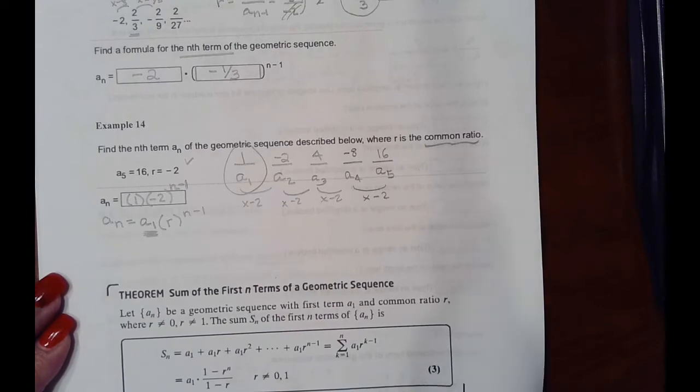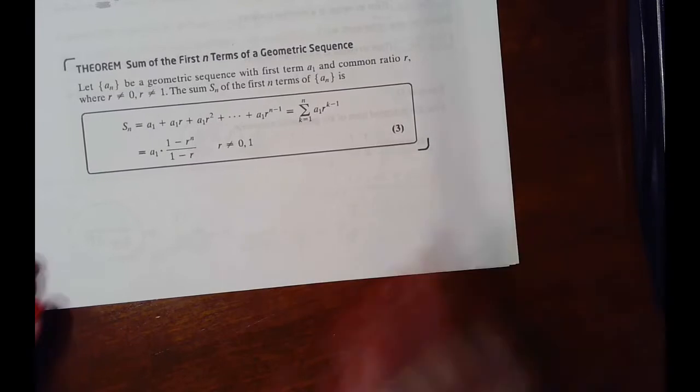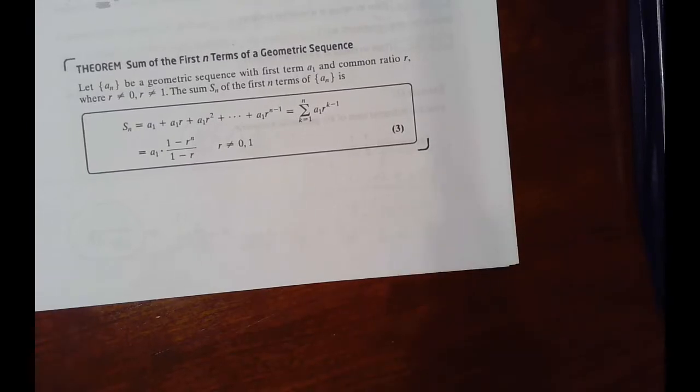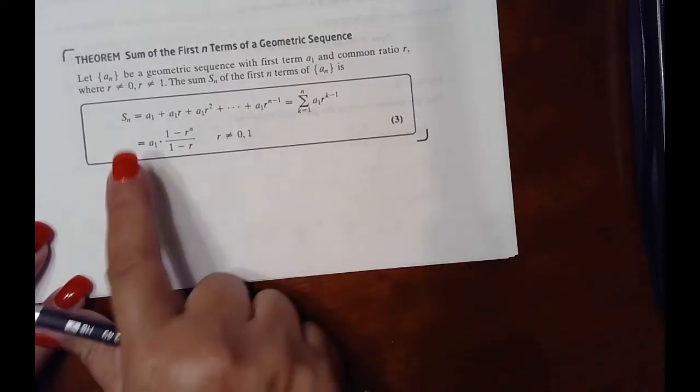Okay, moving to number 15, and starting in number 15, they're going to be asking you about finding the sum of the terms in a geometric sequence. There will be some problems like that from 15 to 20. And this is how you find the sum.